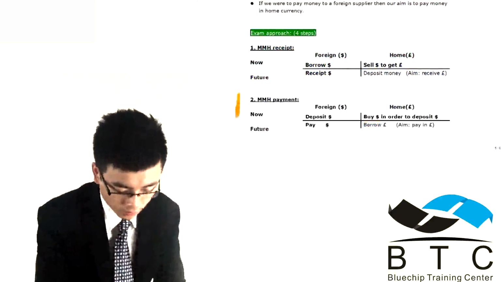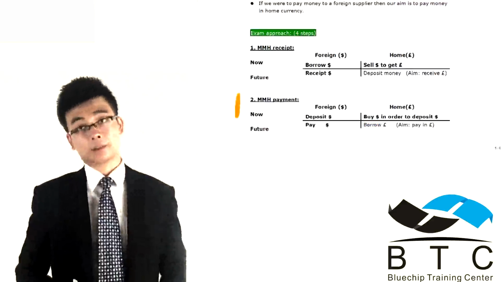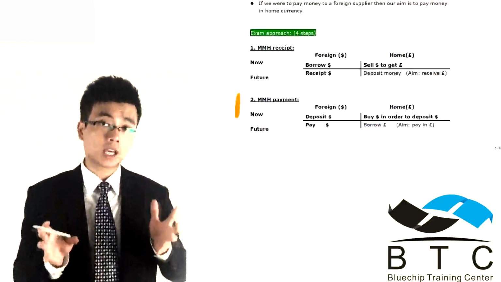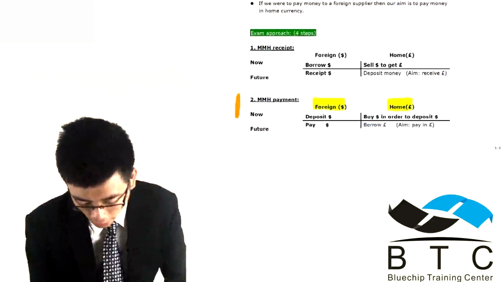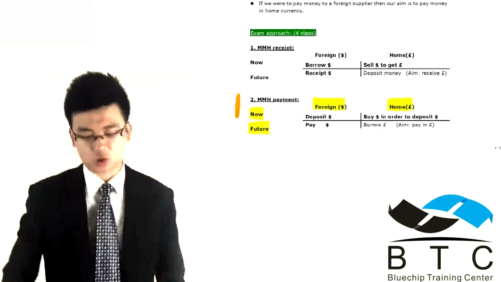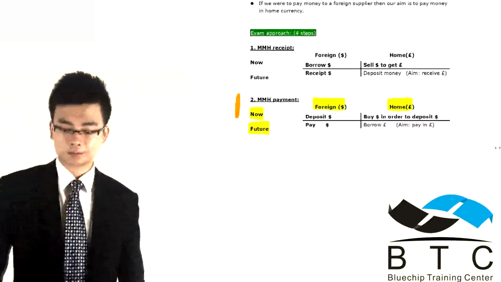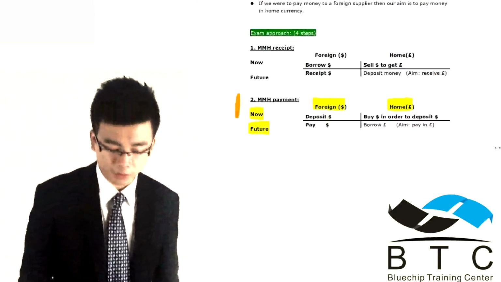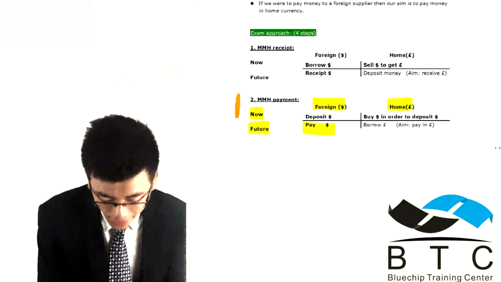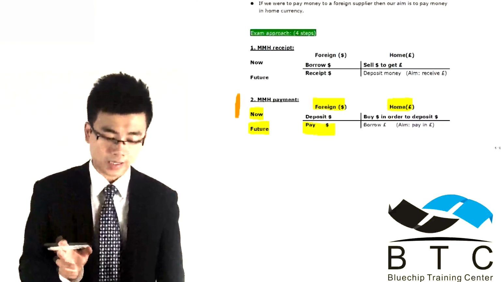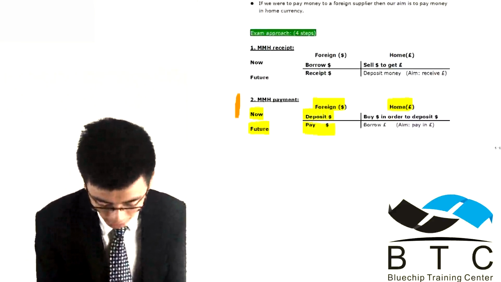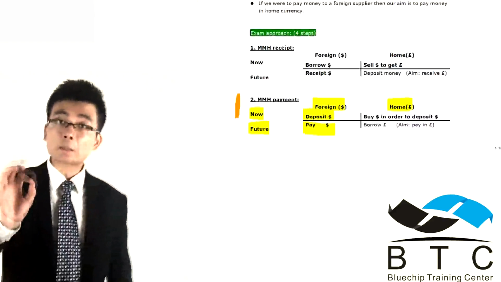The second one is something to do with our payment. So always, the table will be the same. We've got the foreign market, home market, now and future. Okay, so you're going to start from the future first because you need to pay in the foreign currency. So what you're going to do is deposit your money, deposit the dollars.